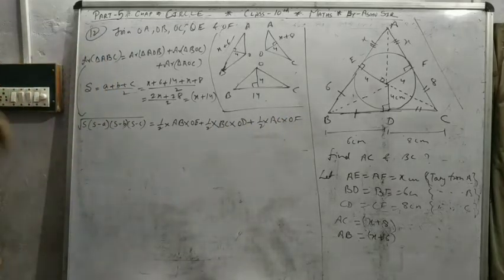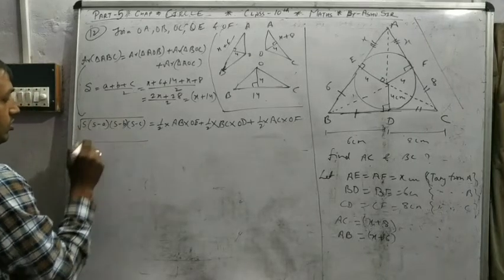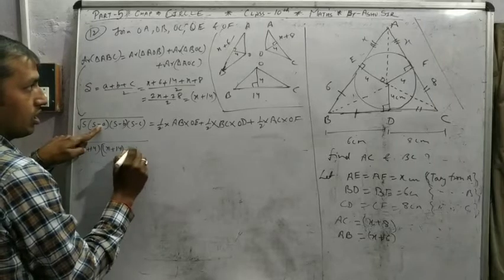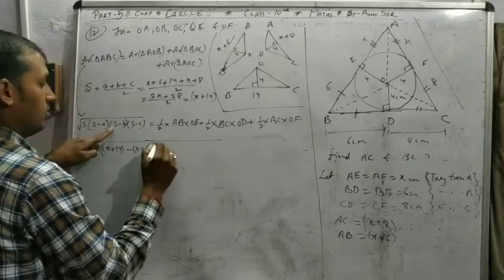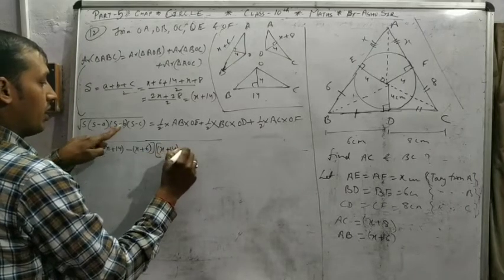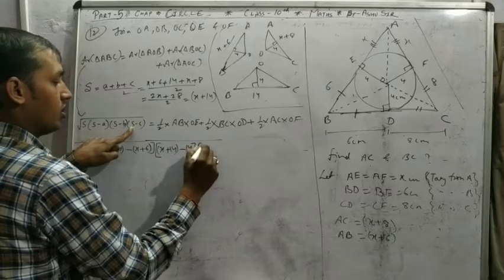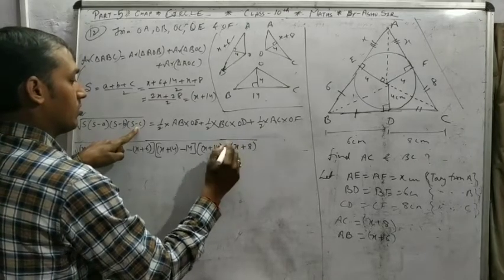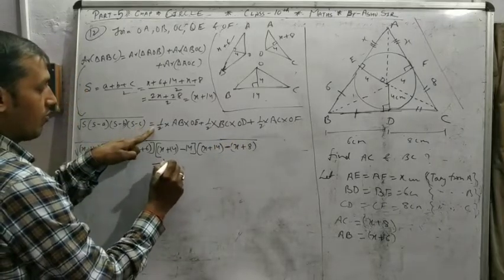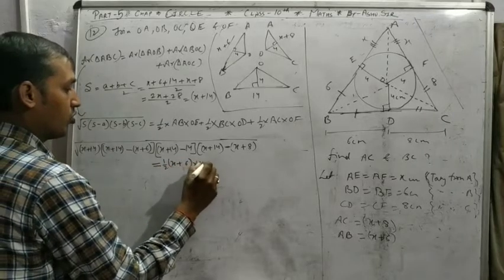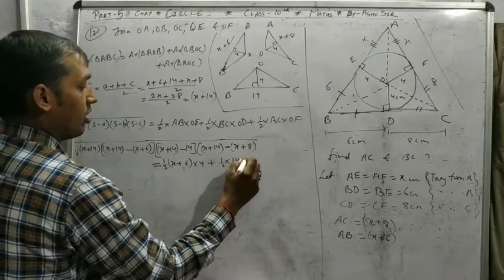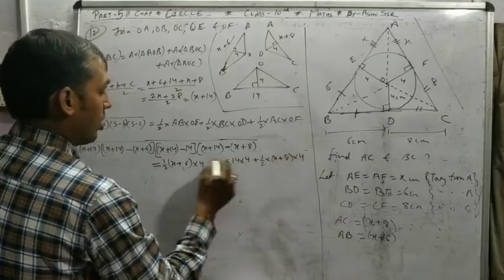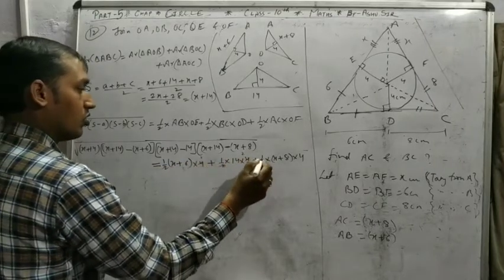Then put all the values. s is x plus 14, x plus 14 minus a, x plus 6, x plus 14 minus b, 14, x plus 14 minus c, x plus 8, is equal to half AB, x plus 6 into 4, half BC, 14 into 4, half x plus 8, AC into 4, height. 2 2s are 4, 2 2s are 4, 2 2s are 4.